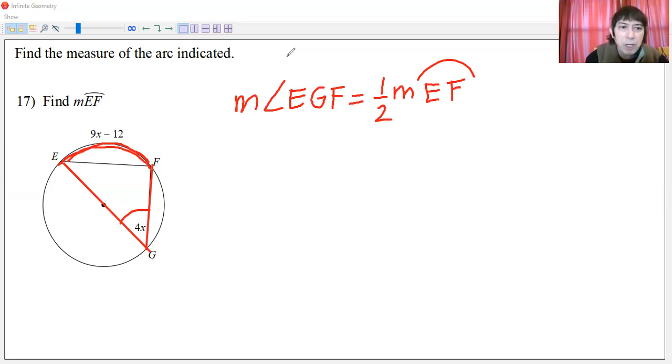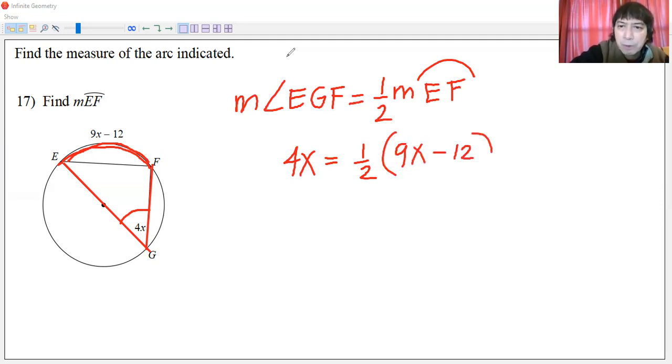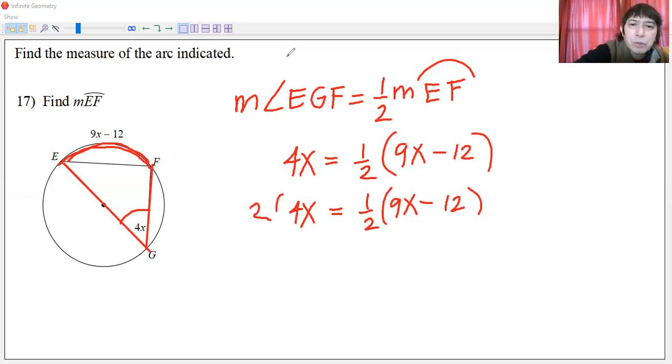All right, and so we can now put the algebraic expression 4x, which is equal to 1/2 of EF, and EF is 9x minus 12. Okay, get rid of the fraction first. So we will have 4x equals 1/2 of 9x minus 12. Multiply both sides by 2.